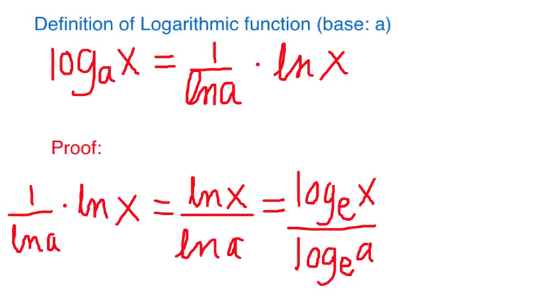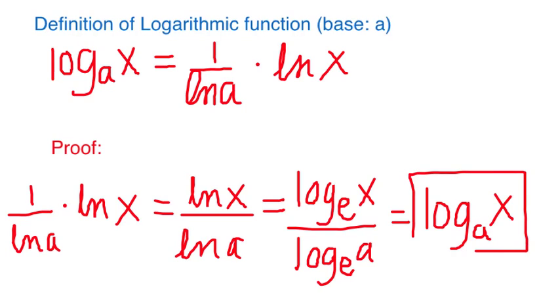And then if you remember learning in pre-calc or algebra 2 about the change of base theorem, the change of base theorem allows me to rewrite this as log base a of x. And there you have it. 1 over ln of a times ln of x is equal to log base a of x.